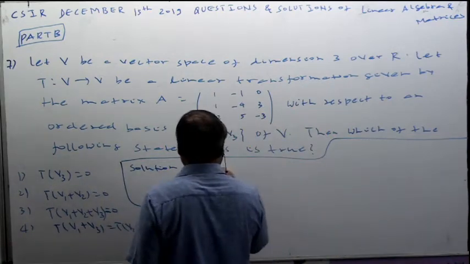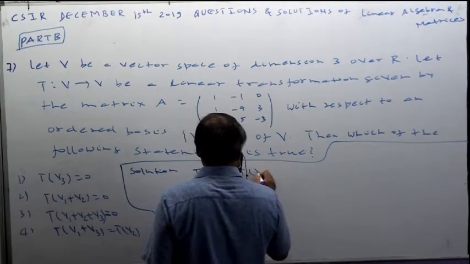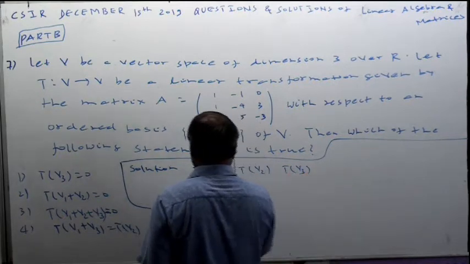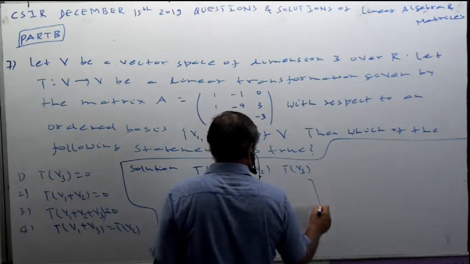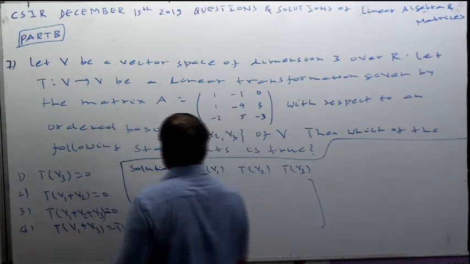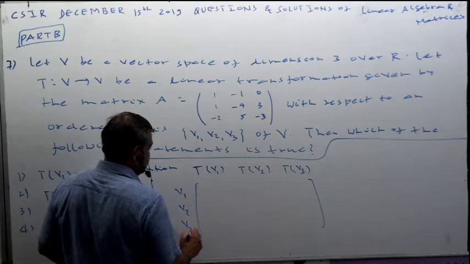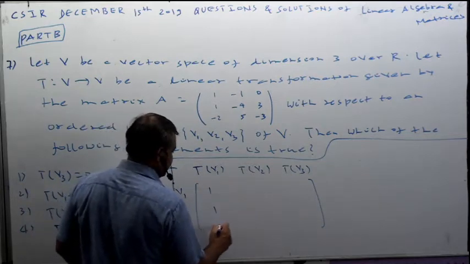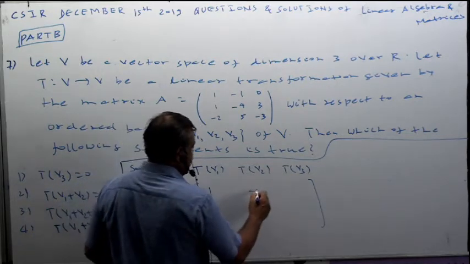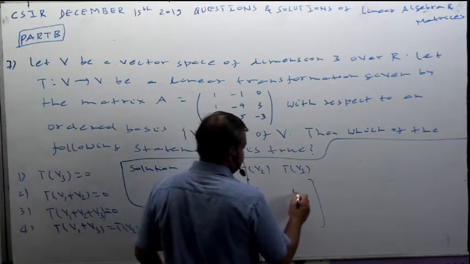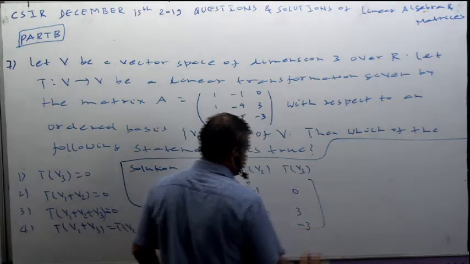So T V1, T V2 and T V3, their coordinates with respect to V1, V2, V3 are 1, 1, minus 2, minus 1, minus 4, 5 and 0, 3, minus 3.